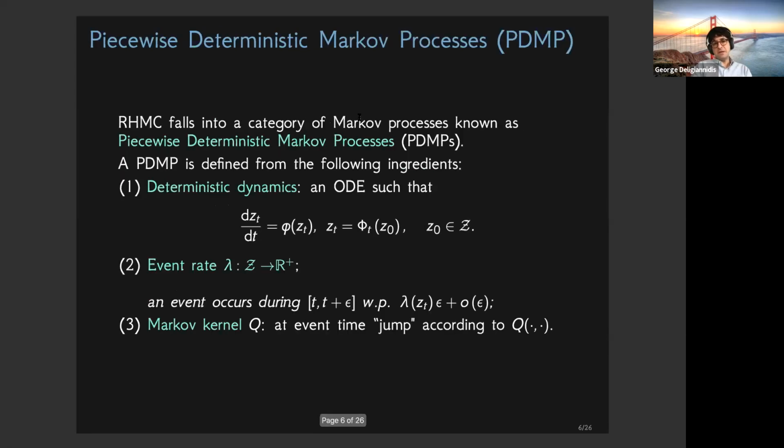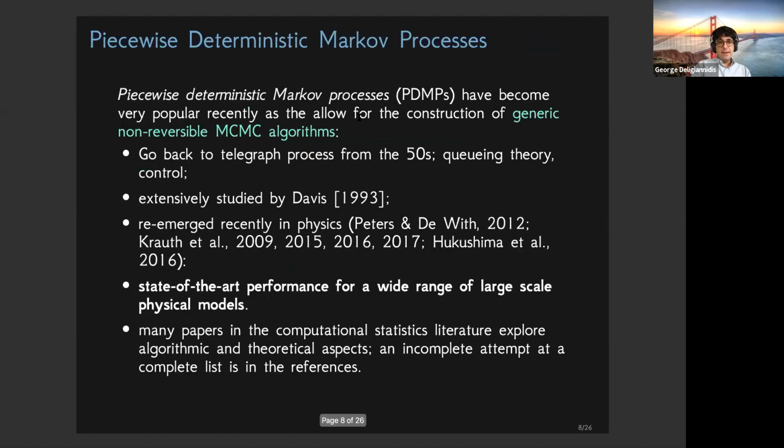But you can see, for example, here that the event rate is independent of location and velocity. So you're having events that are arriving with constant rate, and the jumps are either due to the autoregressive scheme explained or just independent refreshments.